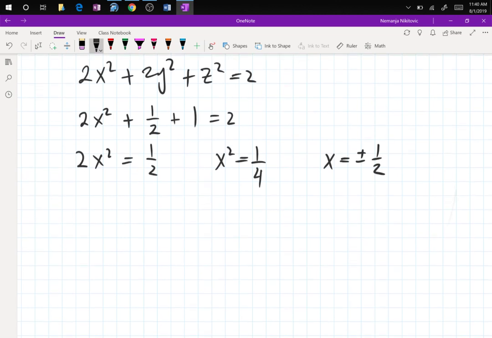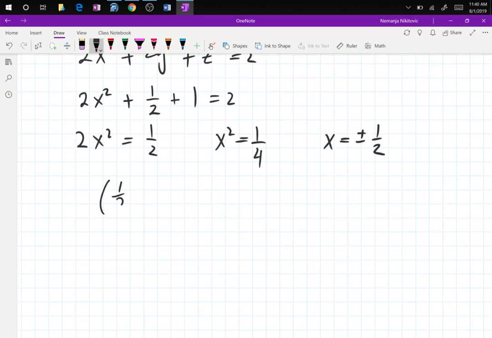And we are getting 2 points. There is 1/2, 1/2, and 1, and negative 1/2, 1/2, and 1. So we have 2 points as the answer.